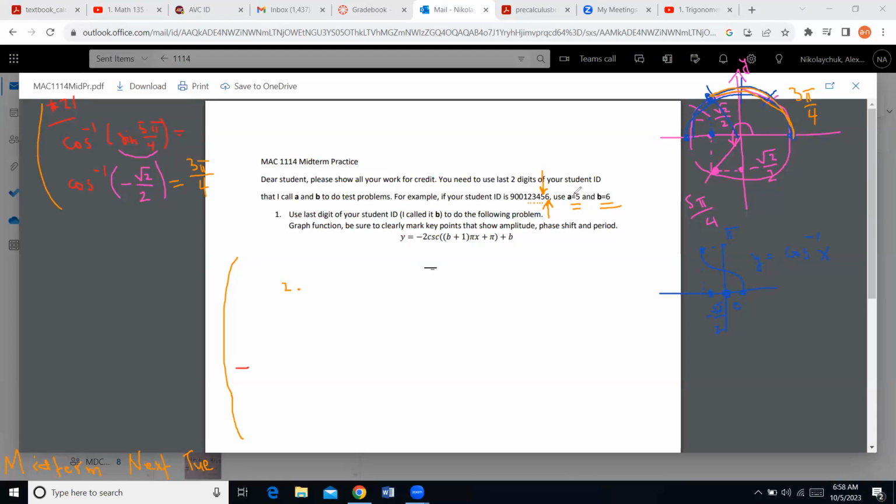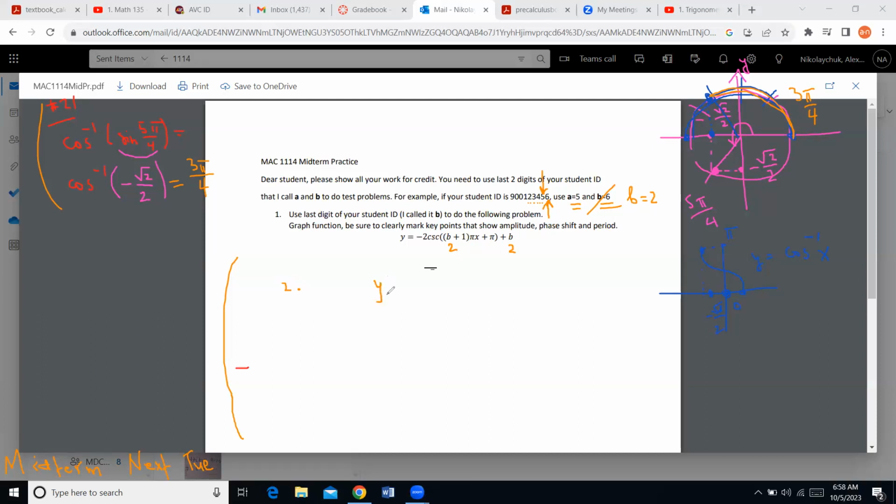So you need to have access to your student ID, and if you're not sure, then you can always log into the Zoom on Tuesday, and I can help you with this. So I was asked to use 2 instead of B. Looks like 2 will replace B in 2 places.